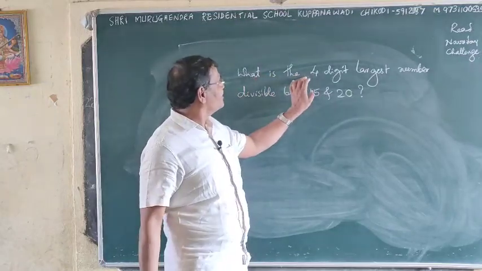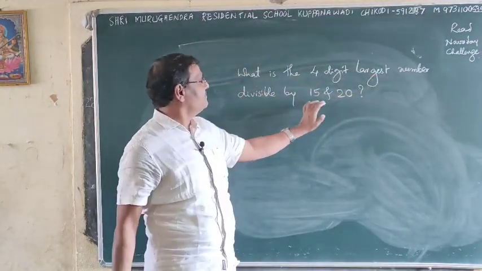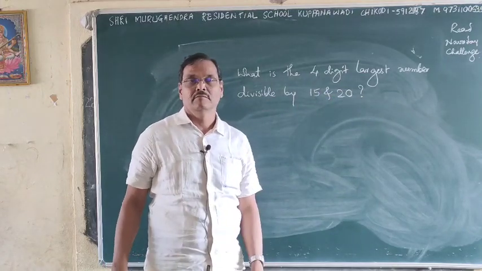What is the 4-digit largest number divisible by 15 and 20?